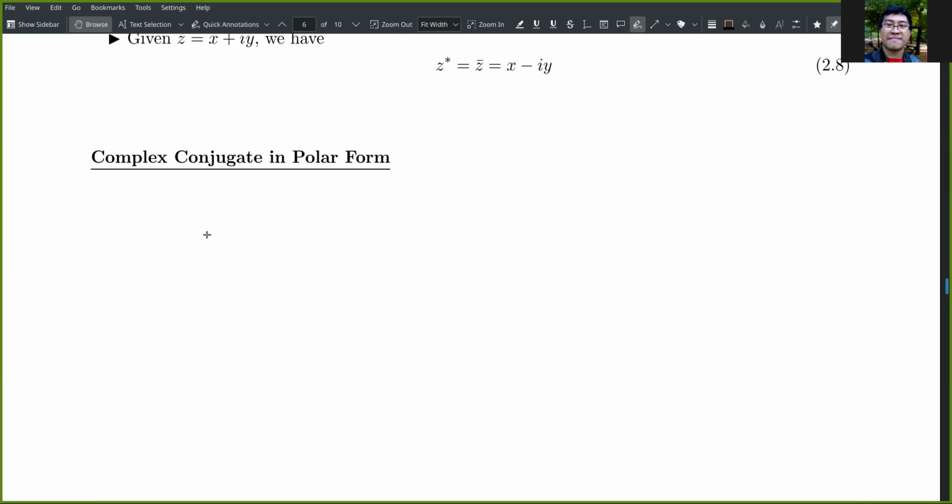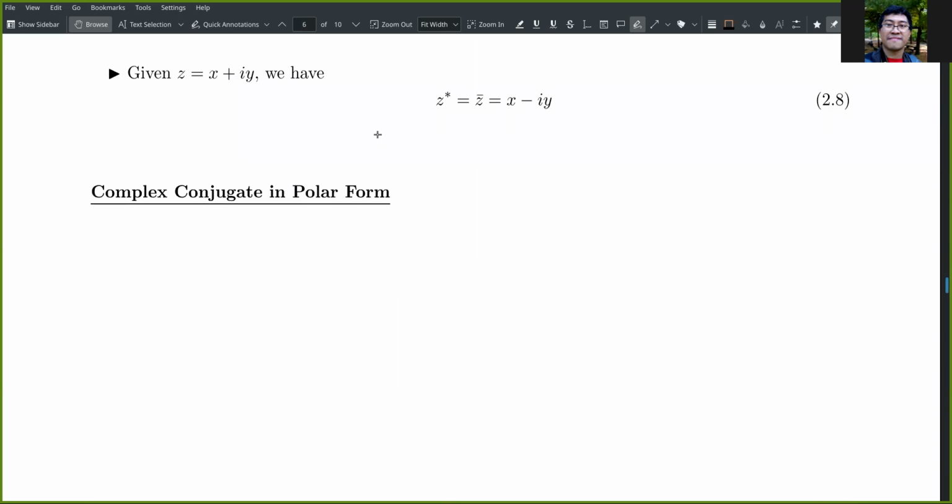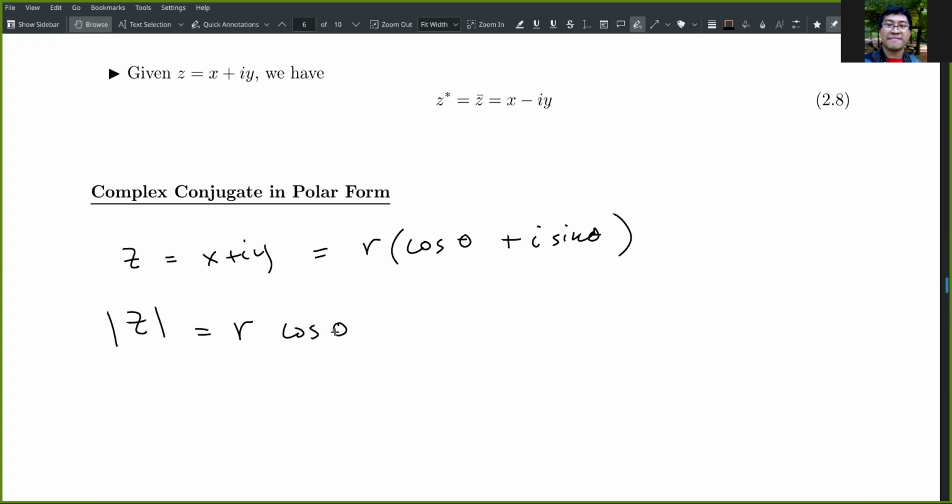In polar form, if we have z equals x plus iy, with modulus r, we can write this as r cosine theta plus i sine theta.